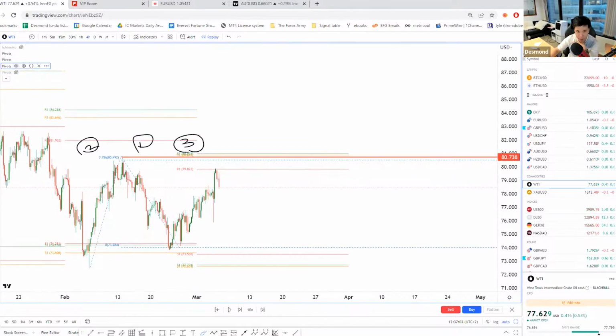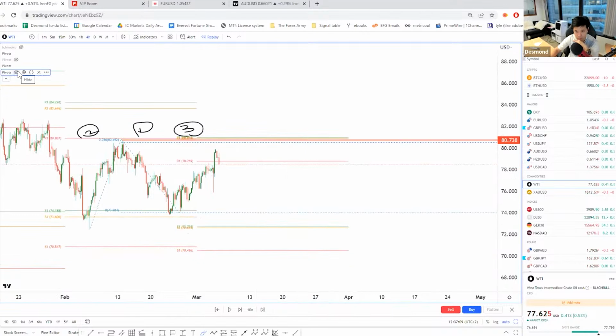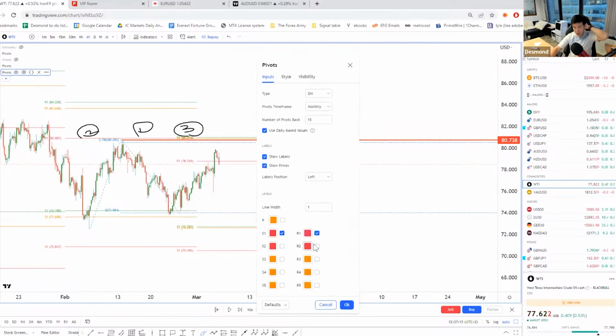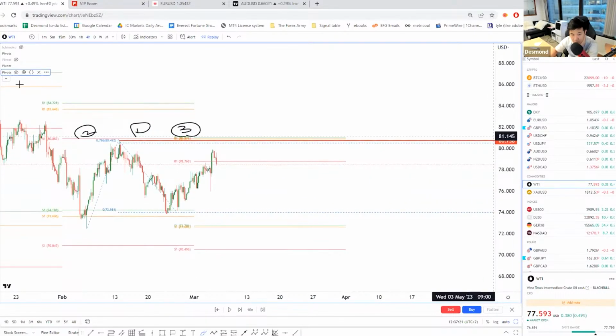Okay, I got another pivot point that lines up there. Nope, this one's a little bit far, but actually what is the R2 for this? Where is the R2 for this though?